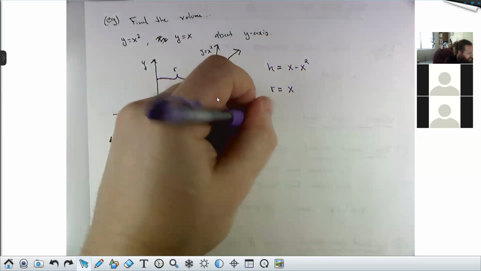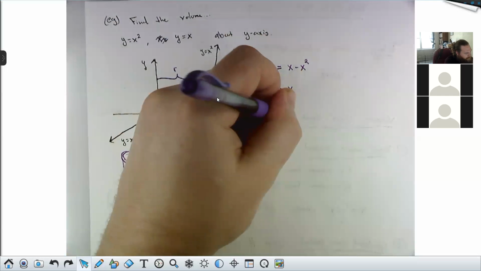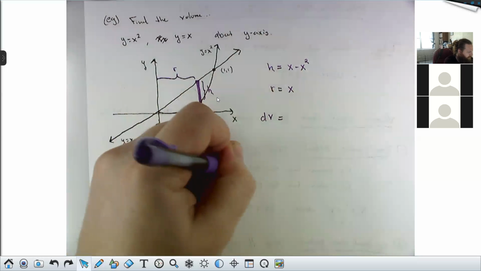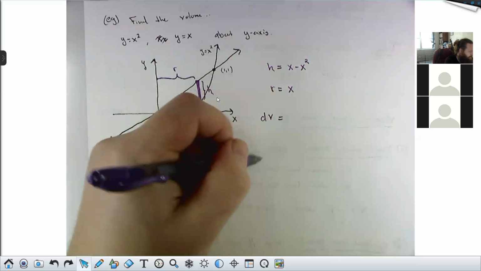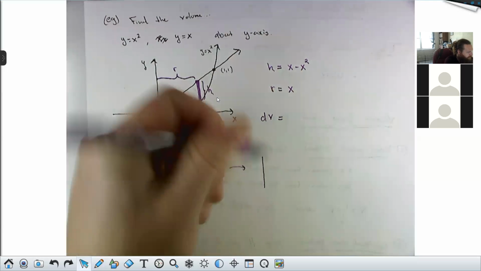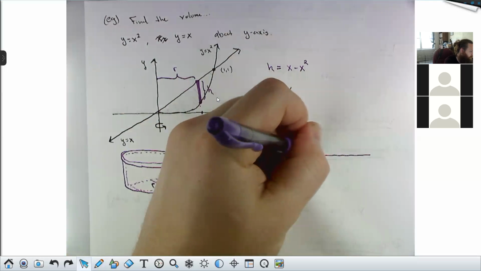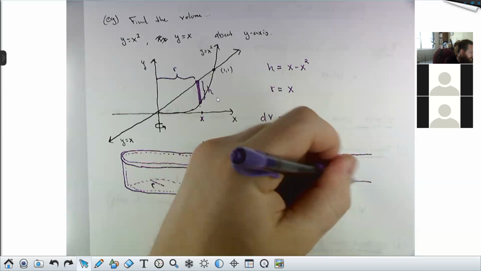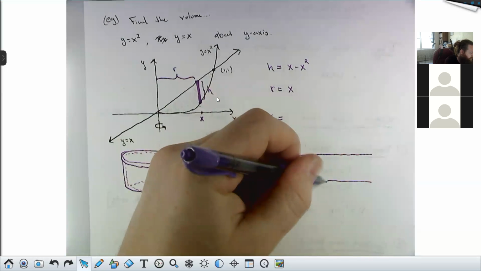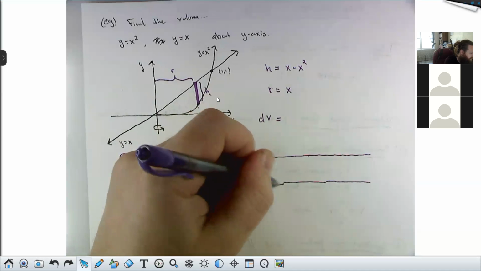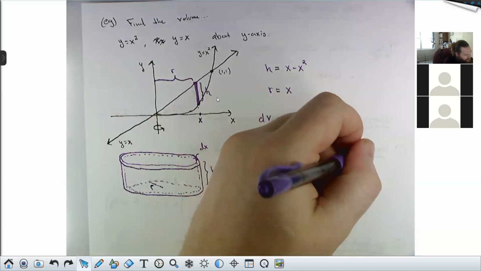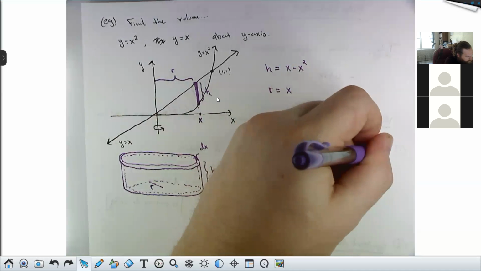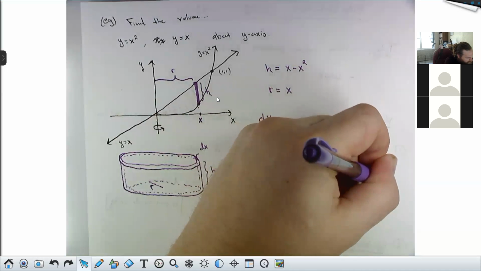Which means the volume of this shell, when we cut and unroll it, go ahead and draw it one more time. The way we cook this up is by taking some very sharp scissors to our soup can, running up the side, and then unrolling. It has a very, very thin wall, which I'll exaggerate here a little bit.